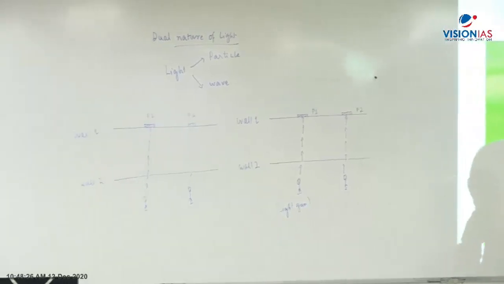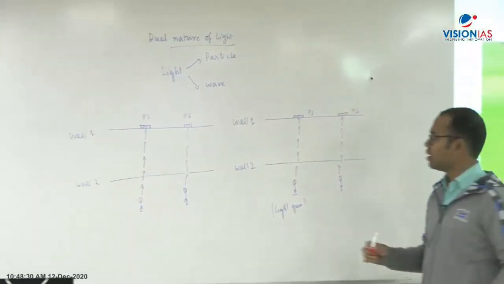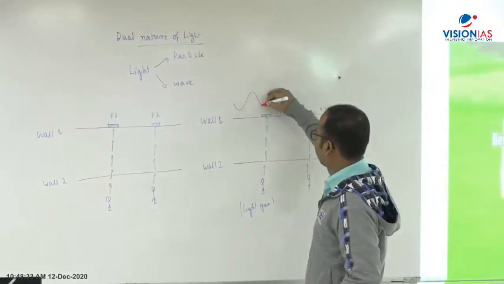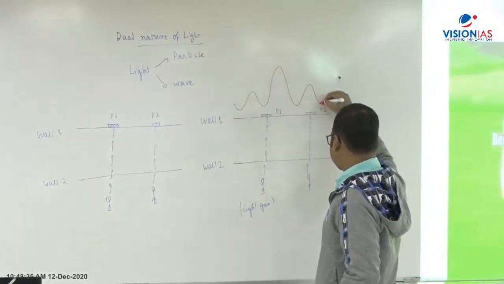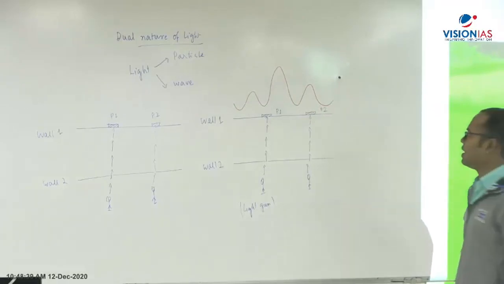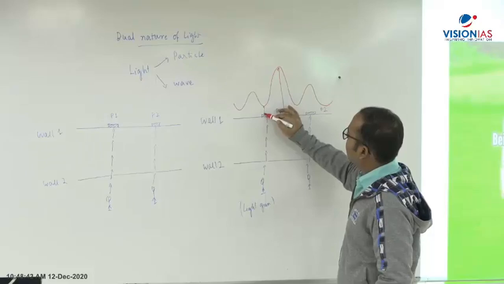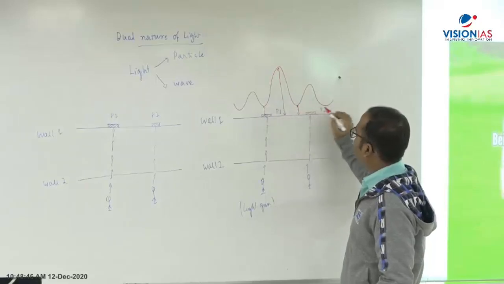But it was observed that light was available throughout the wall. Somewhere the intensity of light was maximum and somewhere it was entirely dark. Okay?